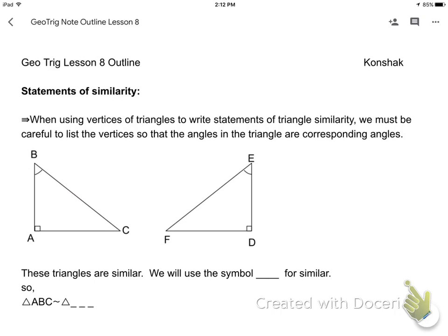I would have to name the 30-degree angle, the 60-degree angle, and then the 90. That can be similar, but it would only be similar to this triangle in the exact same order of angle size: 30, then 60, then 90. I need to list corresponding angles in the same order.